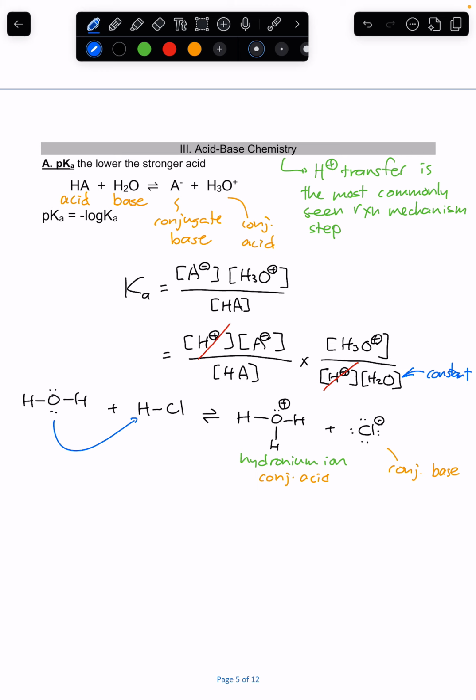And then to get there, what we need to show to explain how these reactants become these products is the water using one of the lone pairs of electrons grabbed a proton, right? Proton is partially positively charged in this hydrochloric acid. So that would happen. And then we're breaking this bond, H and Cl bond, and the electrons are moving towards the electronegative chlorine. And that's why it becomes chloride, right?